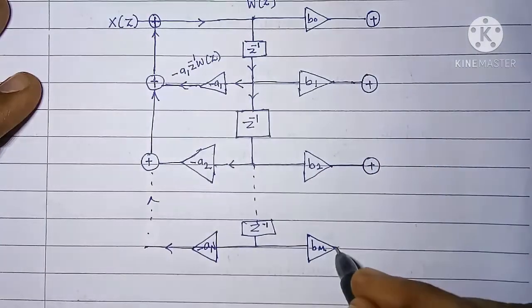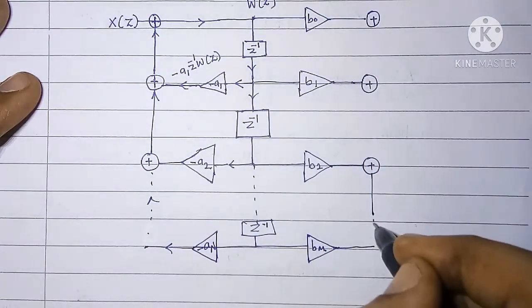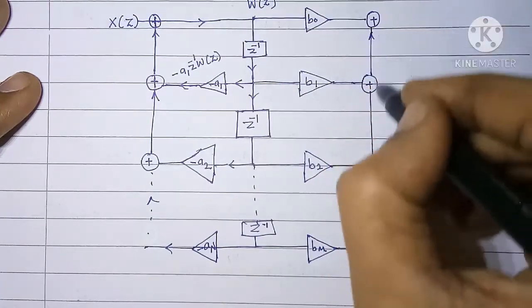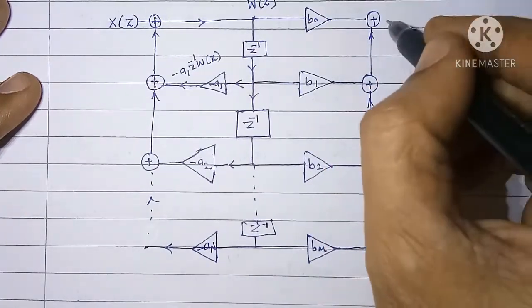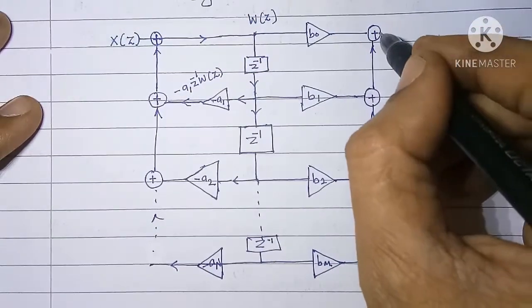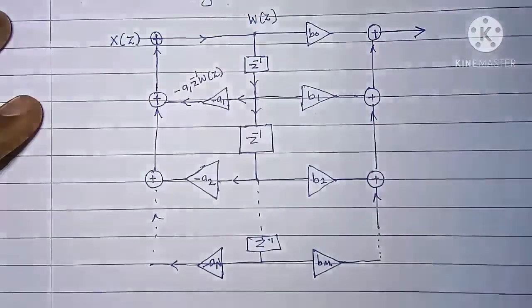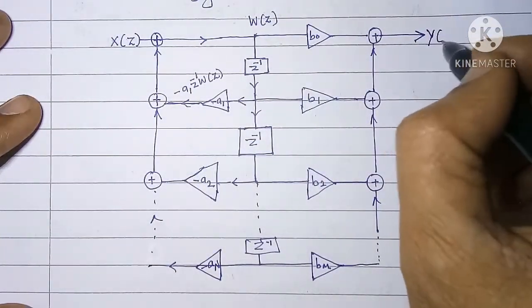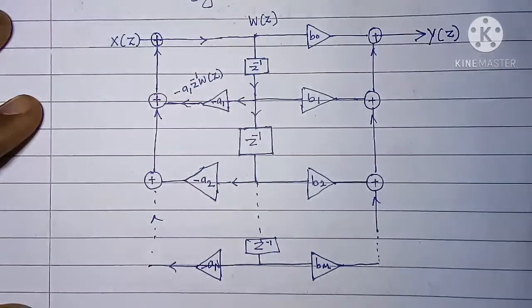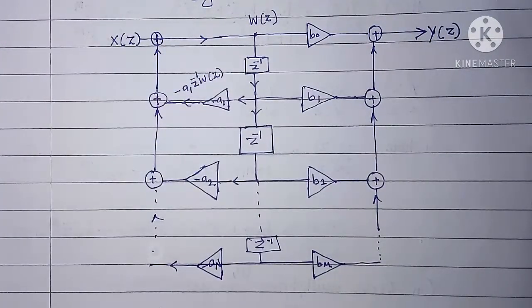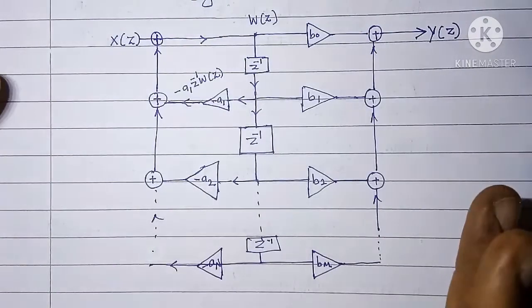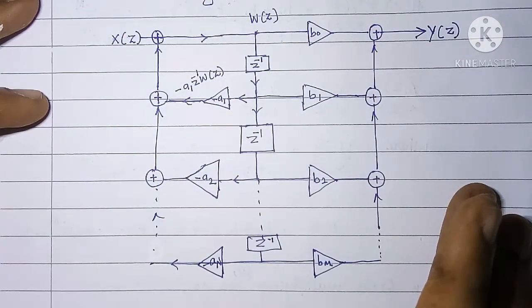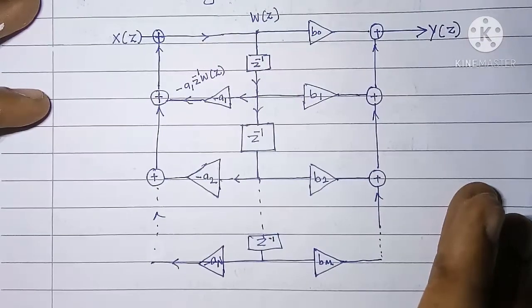Plus means what? Adders. Now this is required Y of Z. Now this structure is called as direct form 2 structure of IIR system for n equal to m.